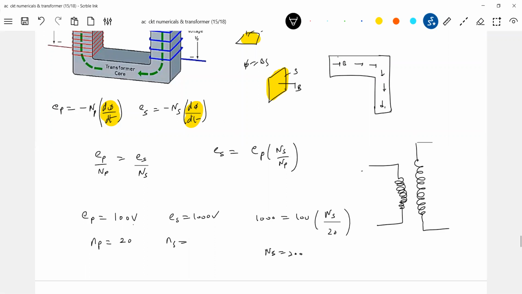This is number of turns of primary. This is secondary. How much voltage here? EP. And here it is ES. So like this, this is called a step up transformer.